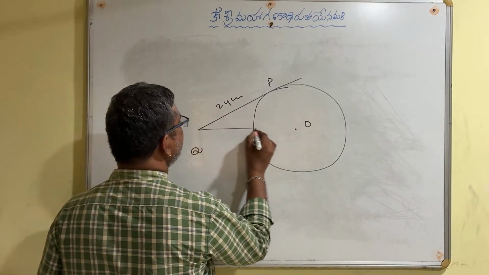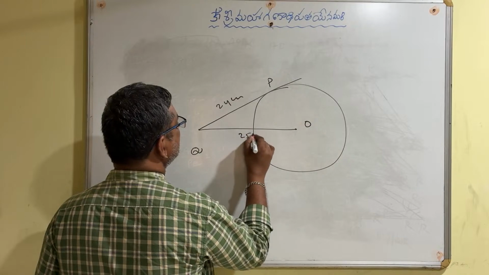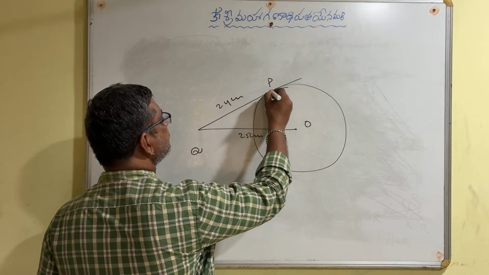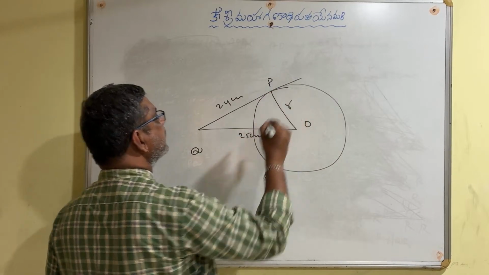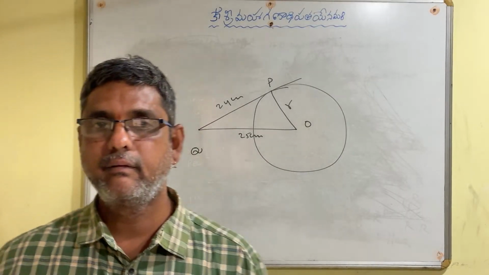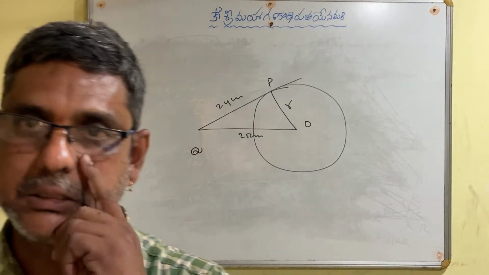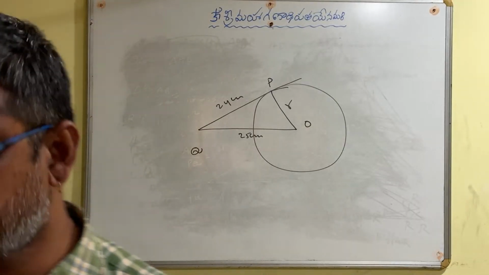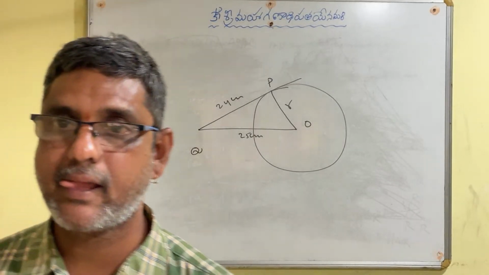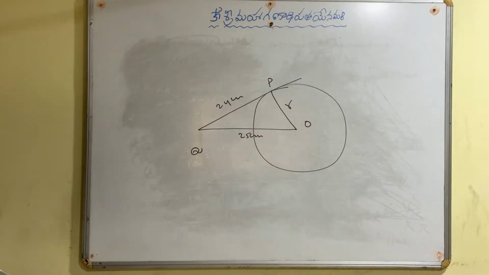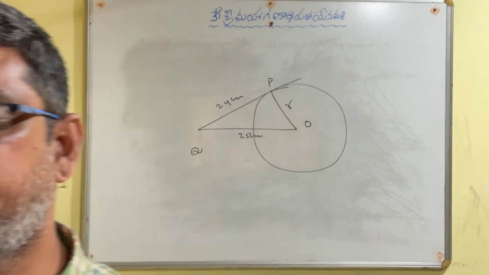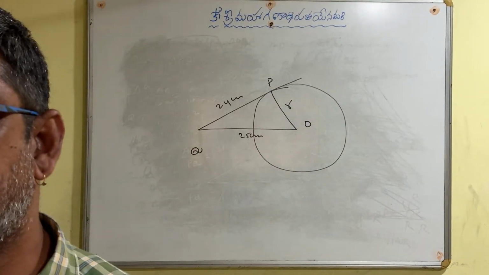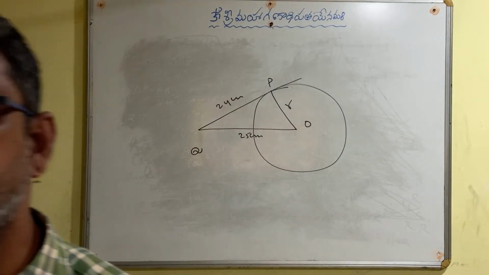And the distance between Q and the center is 25 centimeters. We need to find the radius. How to do that? Divya says 7 centimeters. Even Vanshika says 7 centimeters.